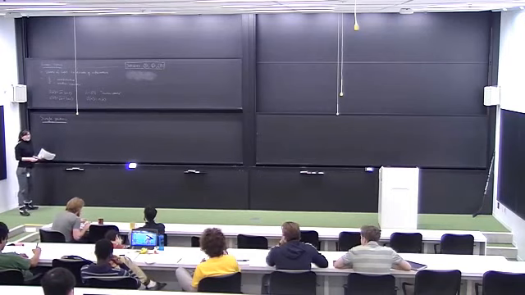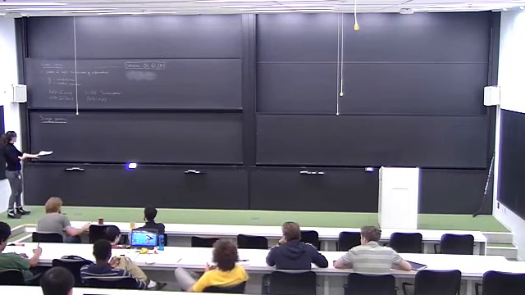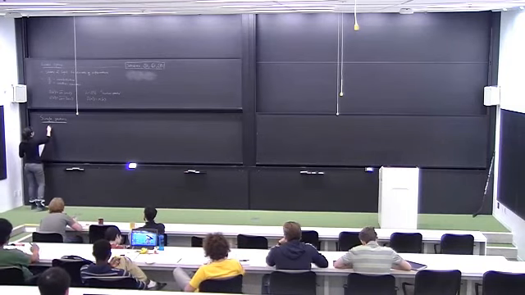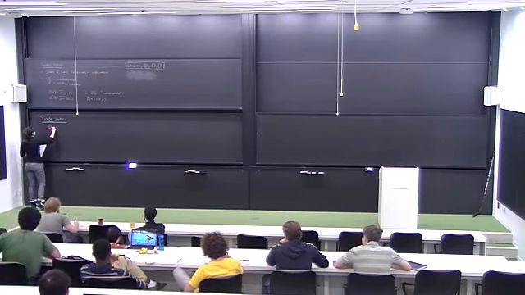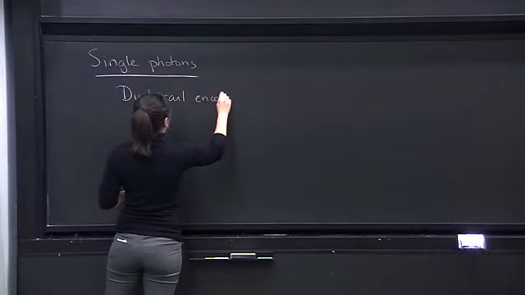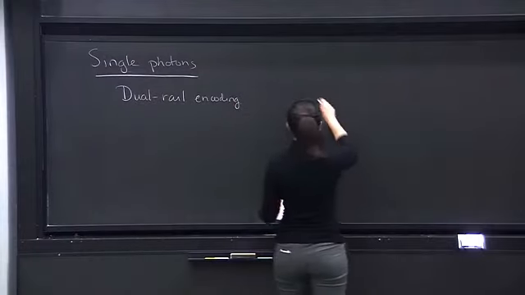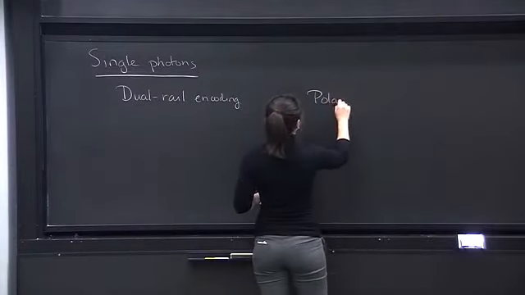So for single photons, it's typical to use 2 different types of encoding, and I believe Daniel mentioned them a couple of days ago. One of them is called the dual rail encoding, and the other one is known as the polarization encoding.